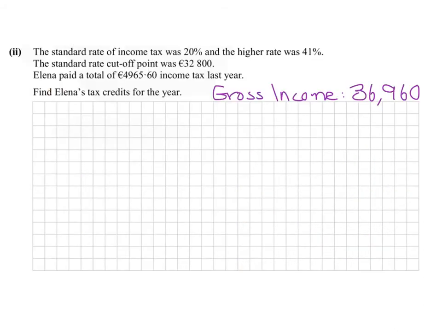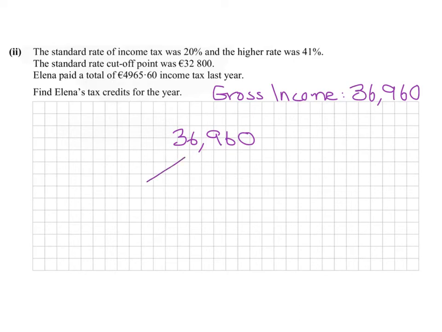Okay, so the next part, the standard rate of income tax was 20% and the higher rate was 41%. The standard rate cutoff point was 32,800 and she paid a total of 4,965.60 income tax last year. We want to find Elena's tax credits for the year. So what we know is that from her gross income, every bit of that money needs to be taxed.